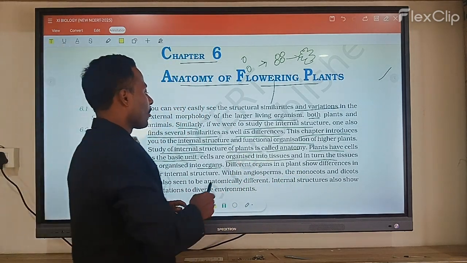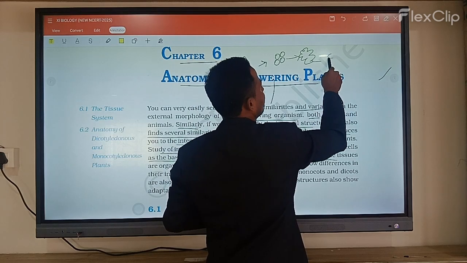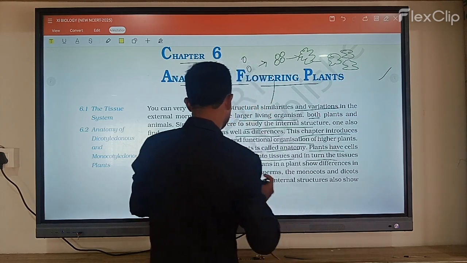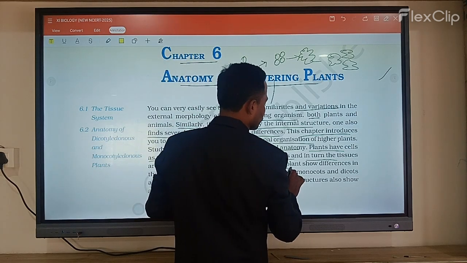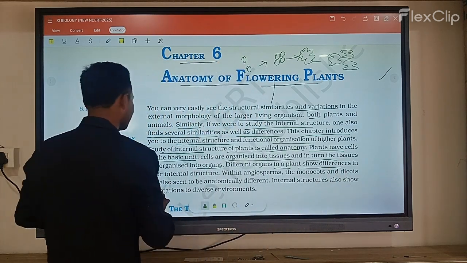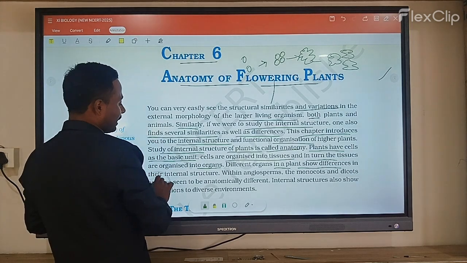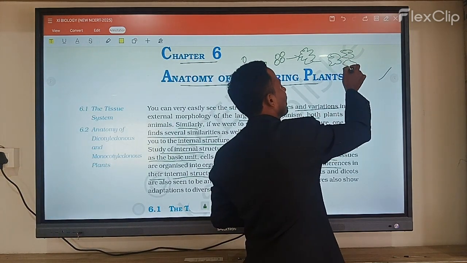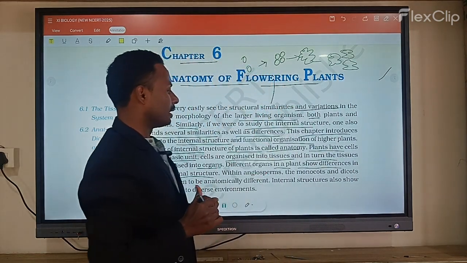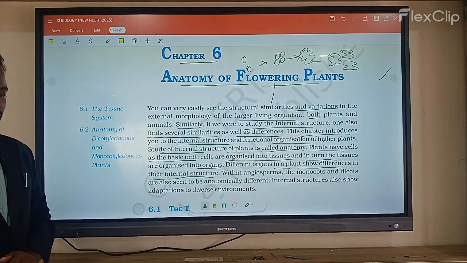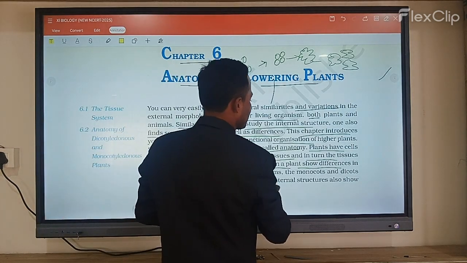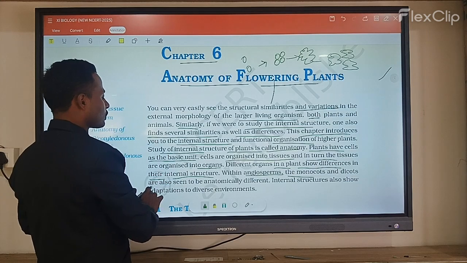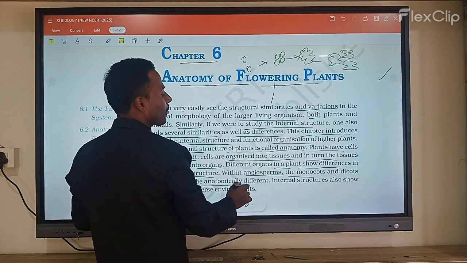Now, these different organs in the plant show different internal structures. We can see that among angiosperms, monocots and dicots are anatomically different.